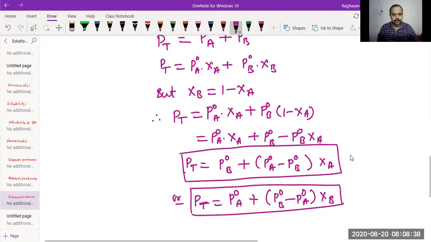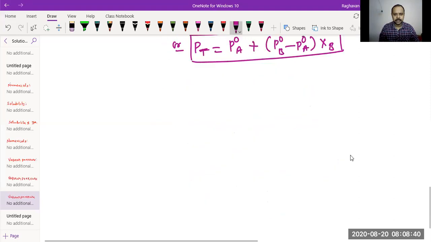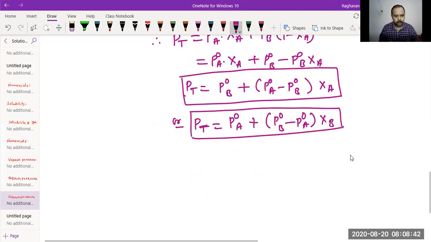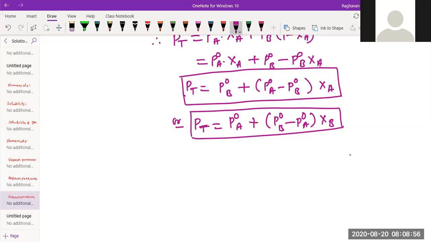So this is one thing. Based on Raoult's law, we can give this kind of expression, right? Before that, we have studied one law for gas in solution. Which law did we study for gas in liquid? Henry's law.